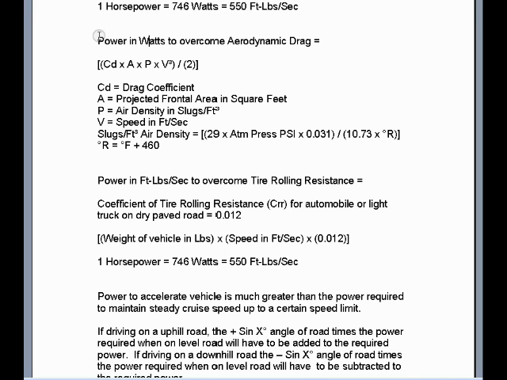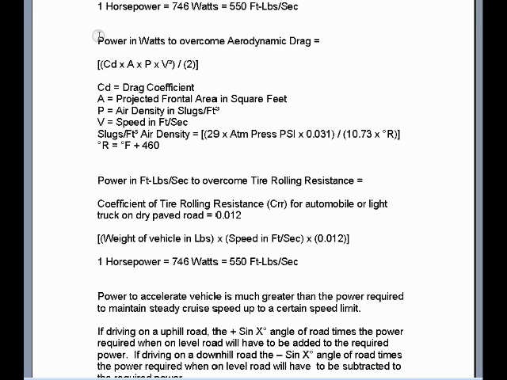So now the next is we're at cruise speed. We want to know what kind of horsepower is required to keep the car at a steady speed. So the only forces on level road opposing the inertia of the vehicle are the aerodynamic drag and the tire rolling resistance.